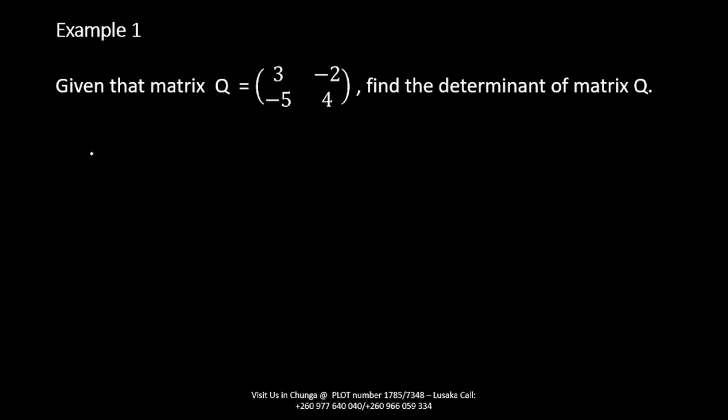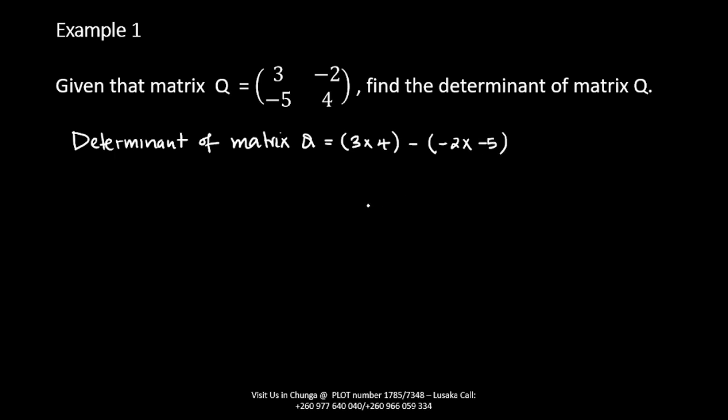So how do you find a determinant if I've got a question like this one? We shall say that the determinant of matrix Q is equal to the elements in the major diagonal minus the elements in the minor diagonal.